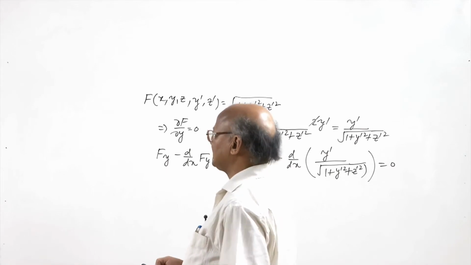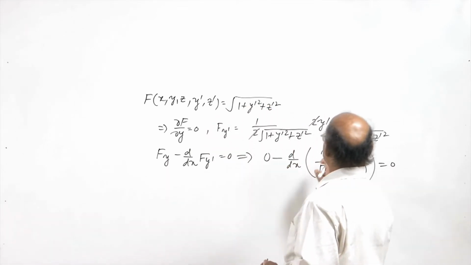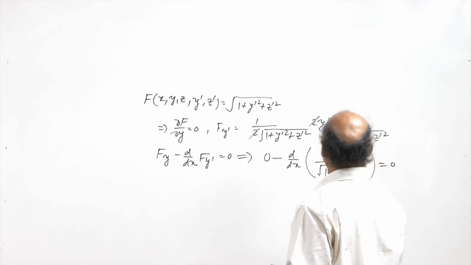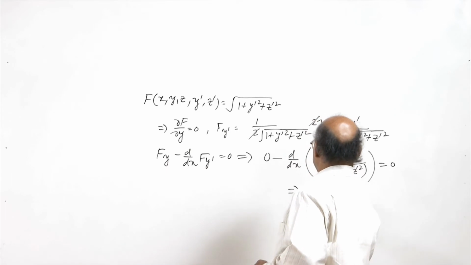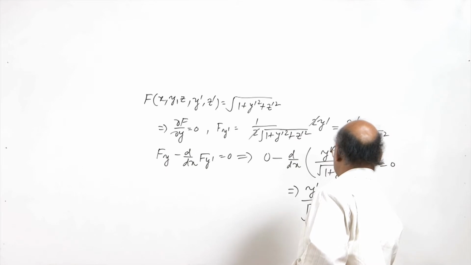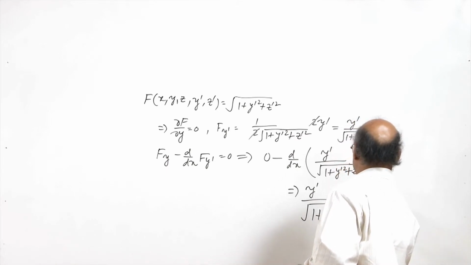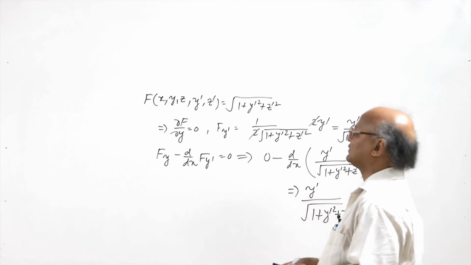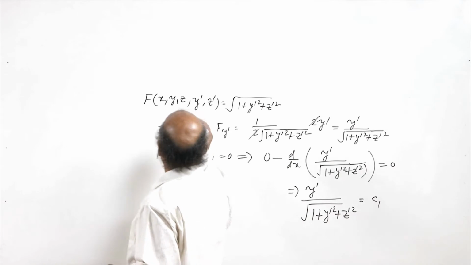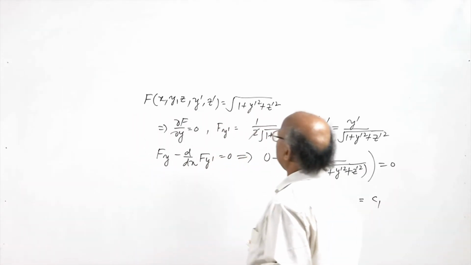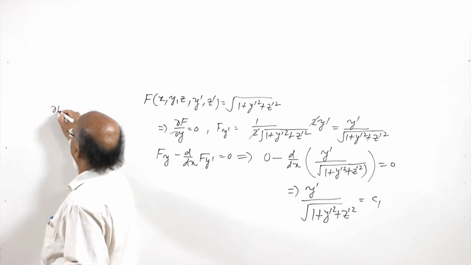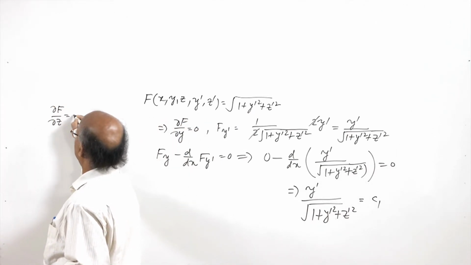gives us y dash divided by under root 1 plus y dash square plus z dash square, whose derivative with respect to x is 0, so it is equal to some constant. Let us take this constant as C1. Similarly, f is independent of z, so the partial derivative of f with respect to z is also 0.